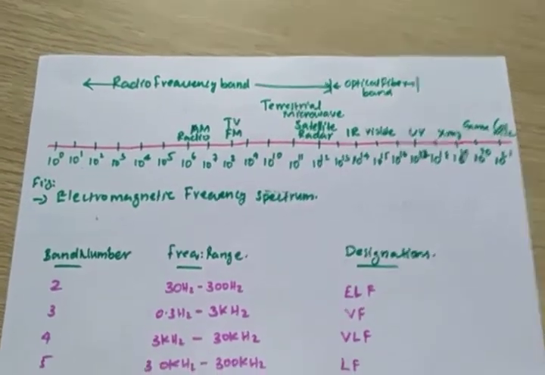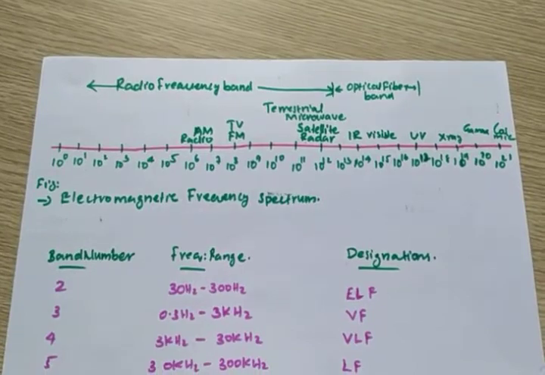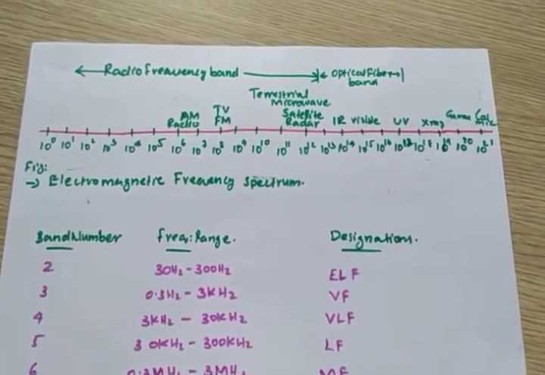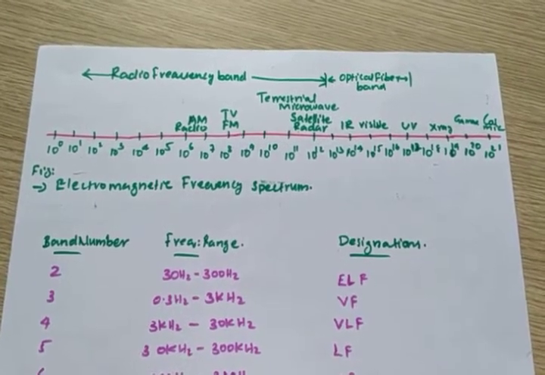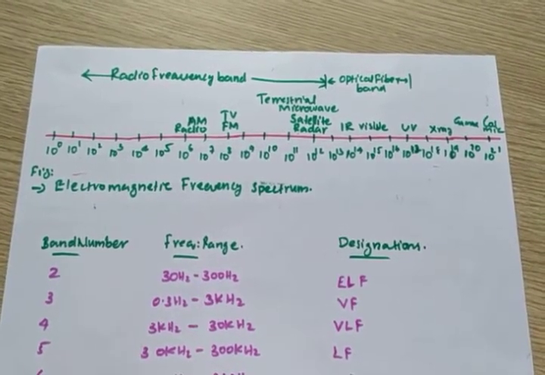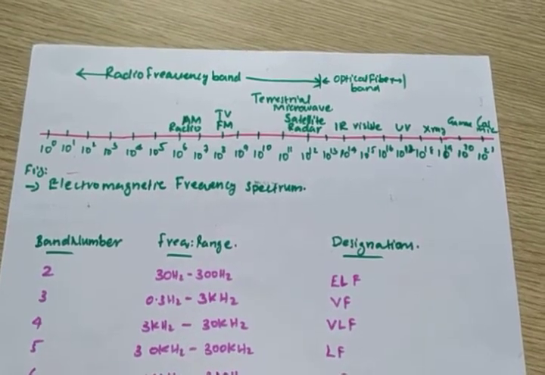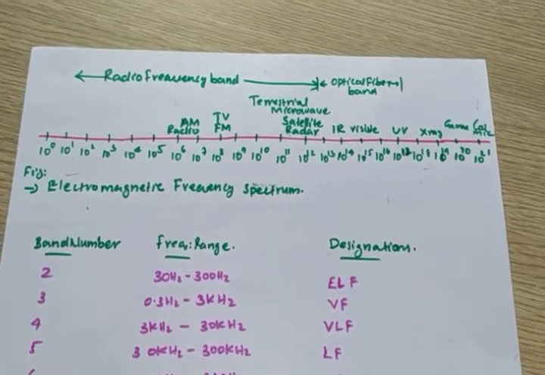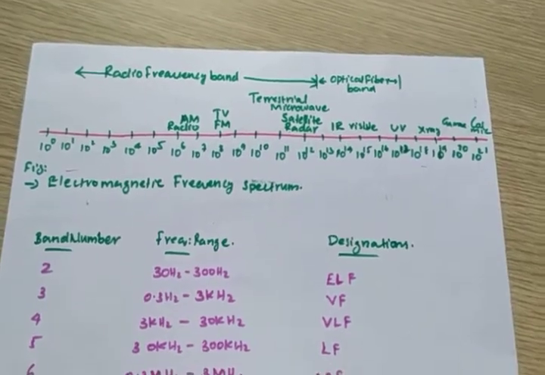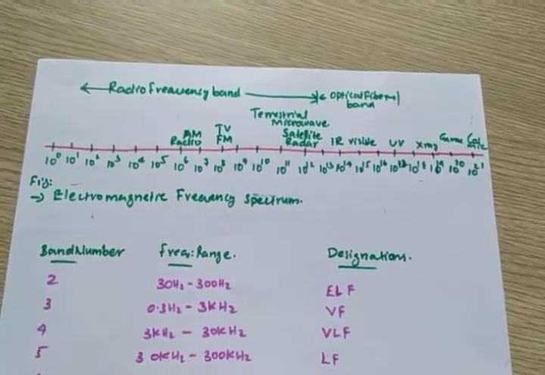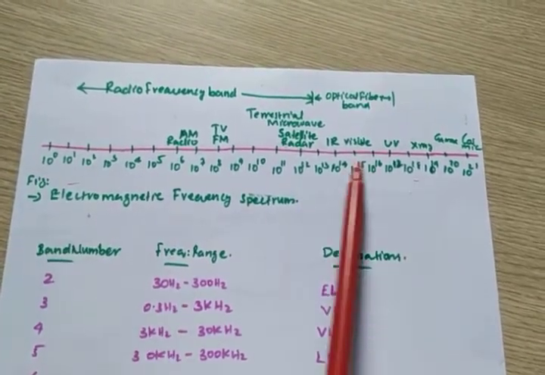Next we need to study the frequency bands and the frequency spectrum. This is the frequency spectrum. The entire frequency range is divided into different frequency bands. What is a spectrum? It is an allocation of different sets of frequencies. Starting from 10 raised to 0 to 10 raised to 21, this is the spectrum, and these are the different frequency ranges.